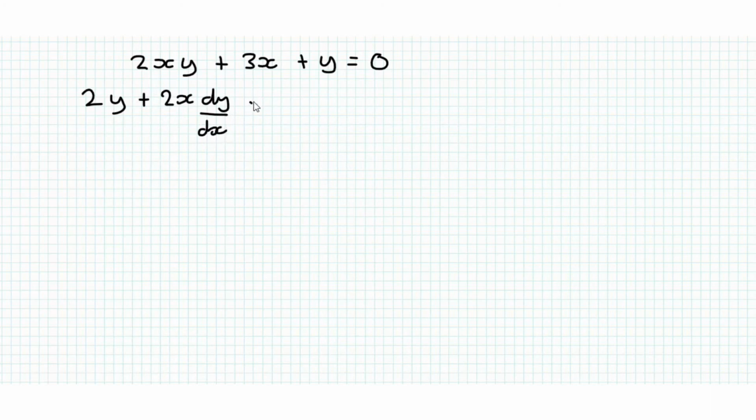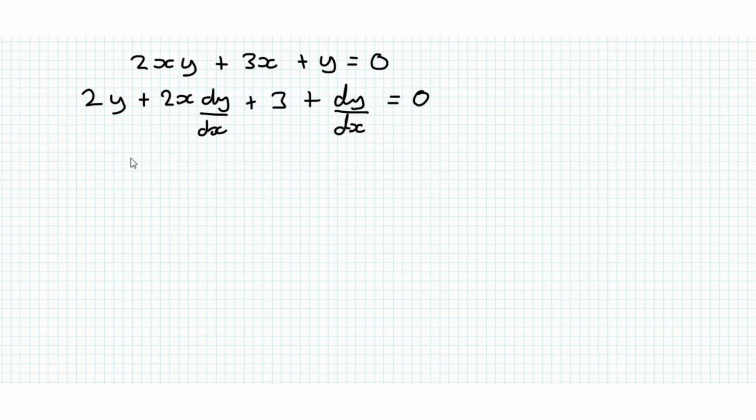And then we want to add 3, and then again differentiating y with respect to x is dy by dx. And this is essentially all you do. Anything that's not x, if you had a z, a t, or whatever, you differentiate that with respect to x and write dy by dx. Looks like division, it's not division, don't make that mistake I just made.